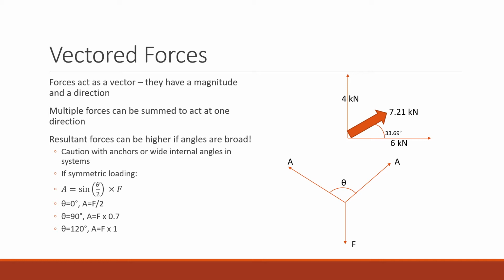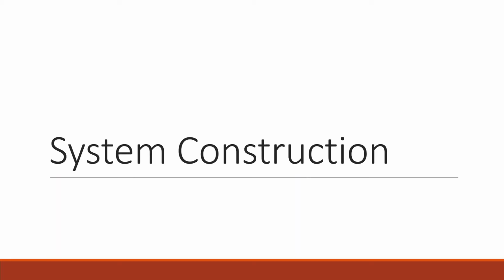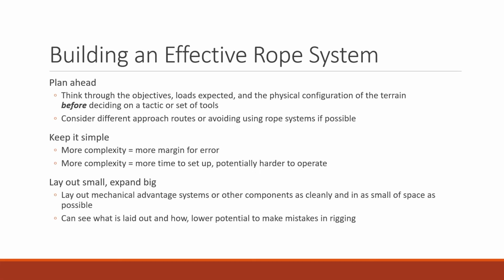So be careful with how these forces increase. That resultant force, if it's symmetric, is equal to the sine of the internal angle divided by 2, multiplied by that bottom force.